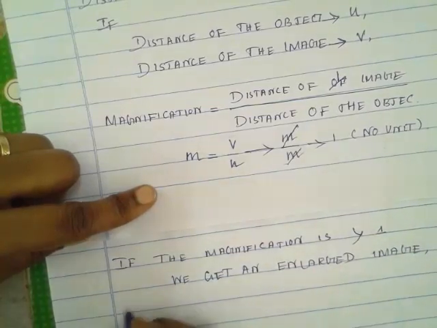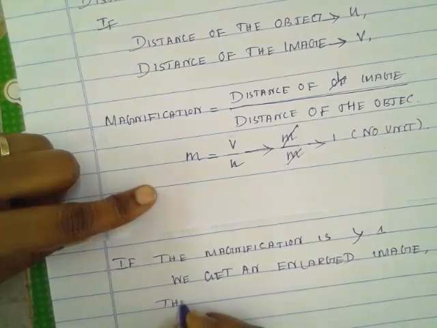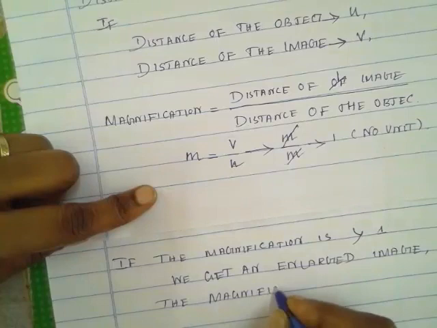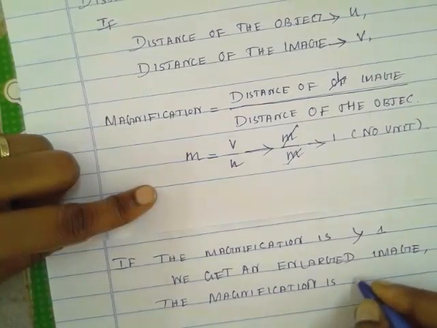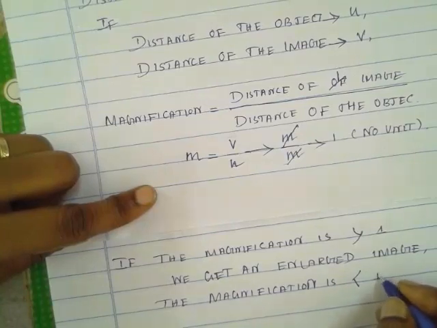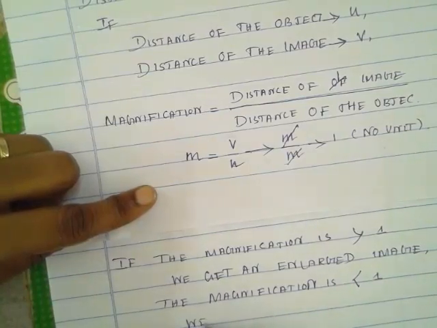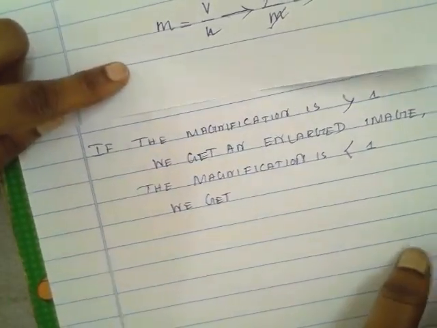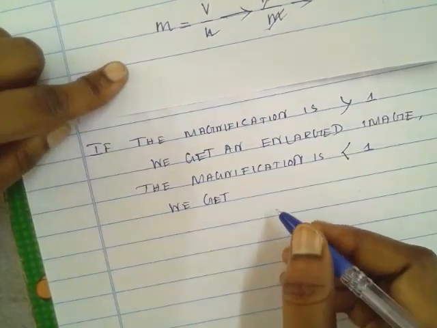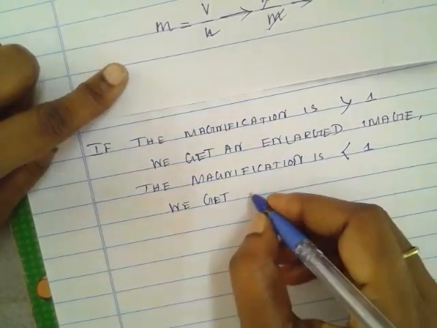At the same time, if the magnification is less than 1, we get a diminished image.